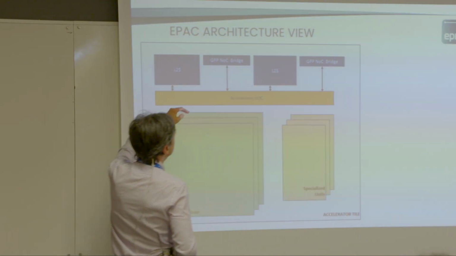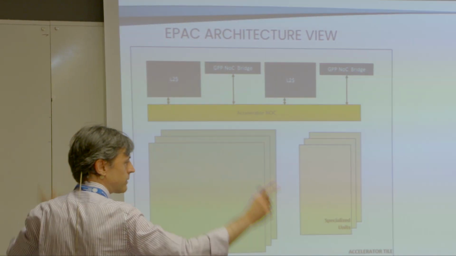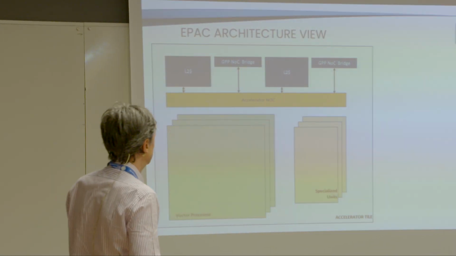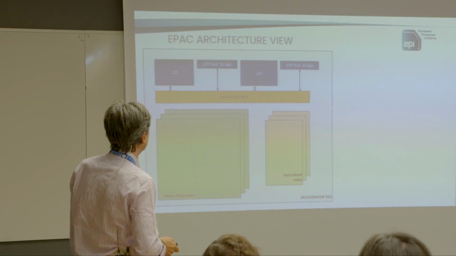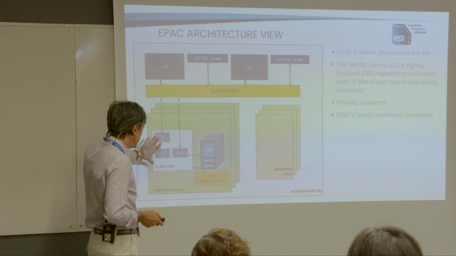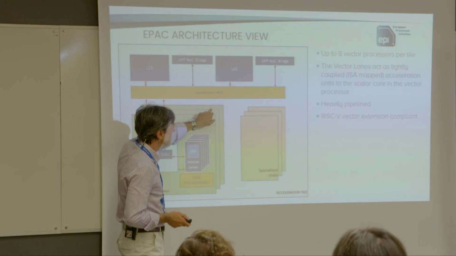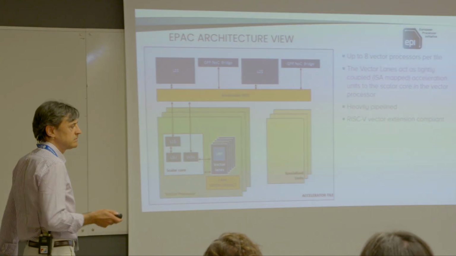And you have bridges to the network on chip that is interfacing to the general purpose processor array, the big processor array. On this part here, you have the vector processors. Here you see 3 of them. Actually, we are targeting 8.